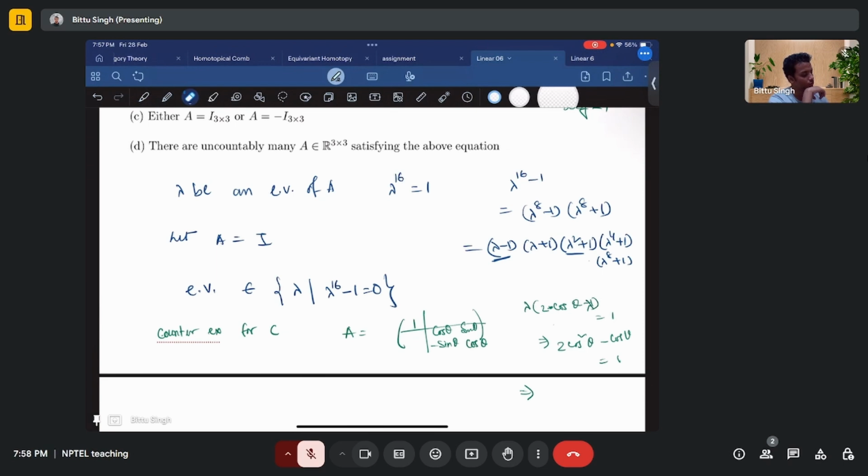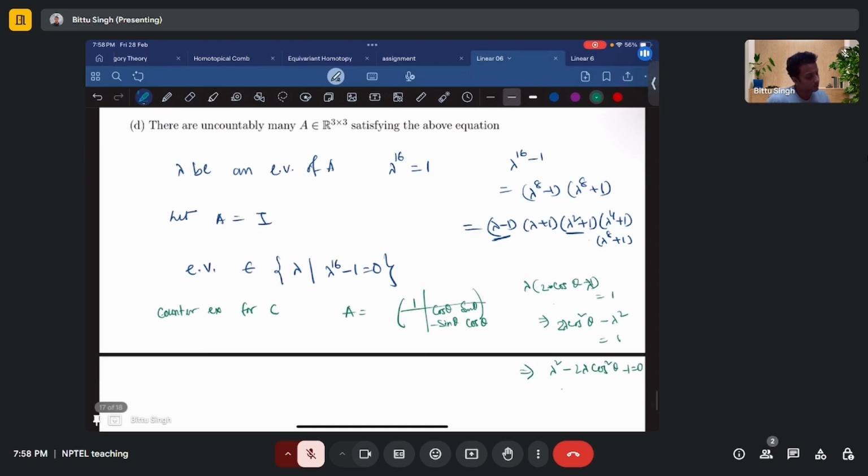So 2 lambda cos theta minus lambda square equal to 1, that is, lambda square minus 2 lambda cos theta plus 1 equal to 0. From here it is easy to see what the eigenvalues are.